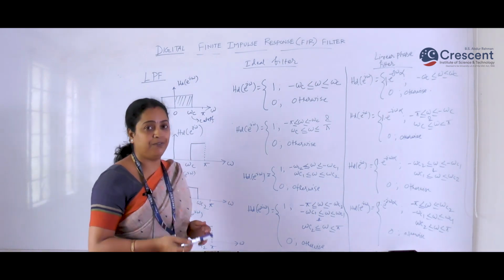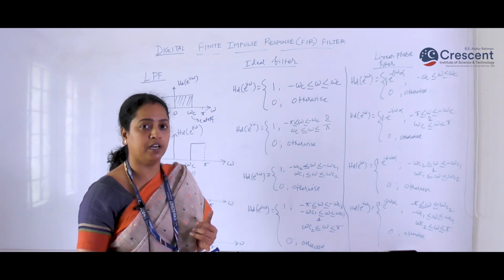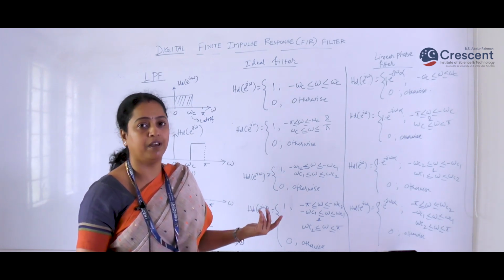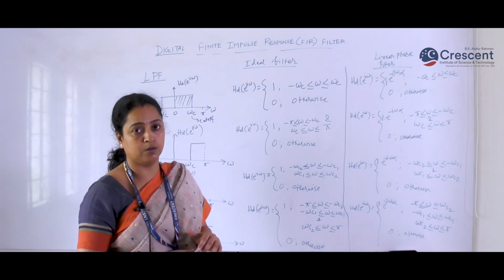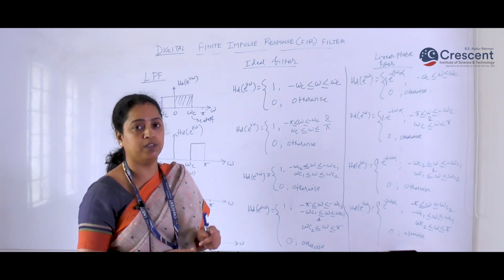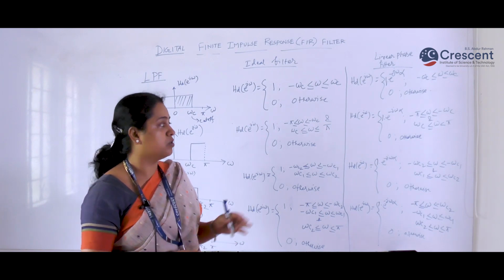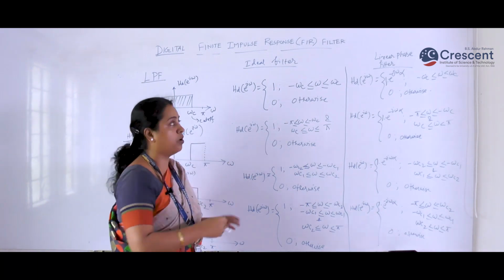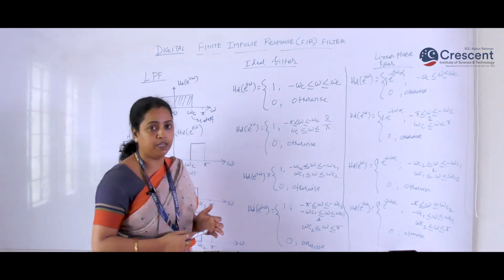The filter specification may be given for a linear phase filter, or it can be given for an ideal filter also. In that case, we should know both the characteristics, so I have written both the specifications for the ideal filter as well as for the linear phase filter.